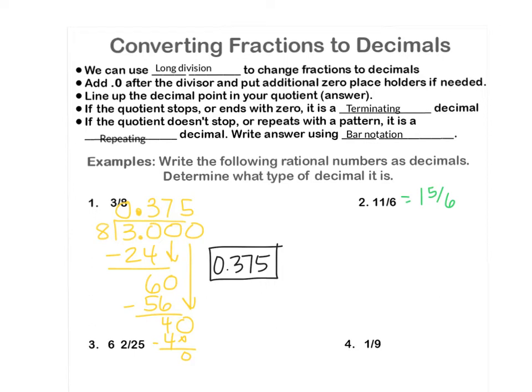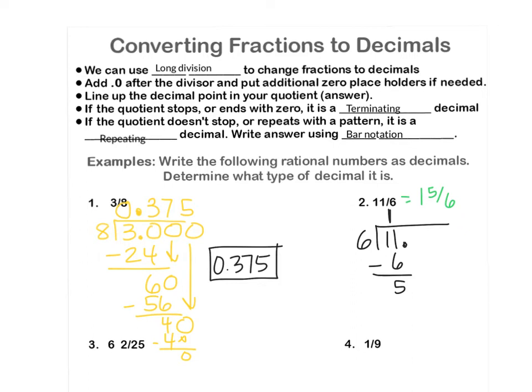So again, we'll set up our long division. 11/6 is really 11 divided by 6. And this is the long division that we're going to work with. So 6 actually does go into 11. It goes in one time. 1 times 6 is 6. Subtract and get 5.